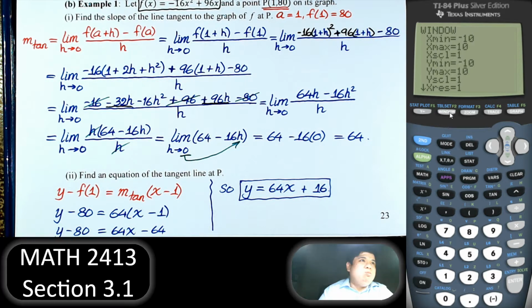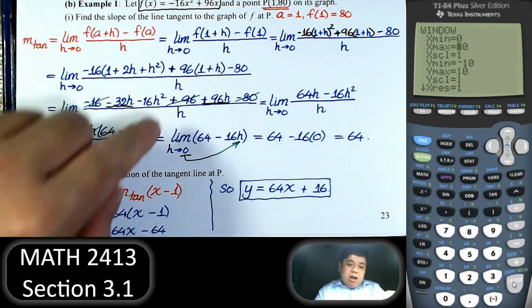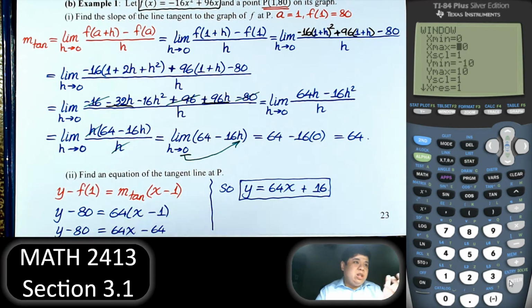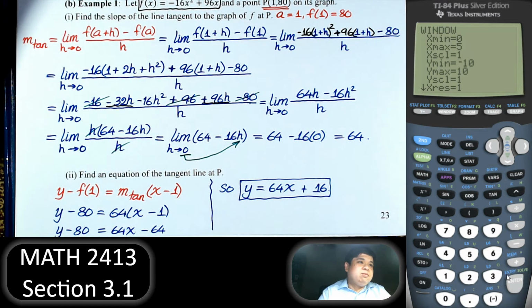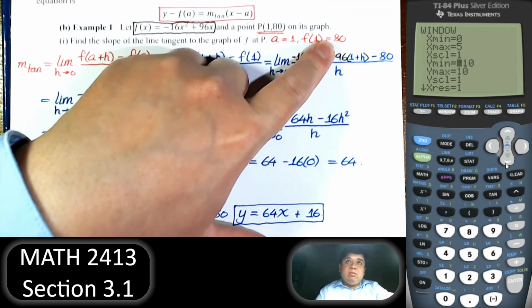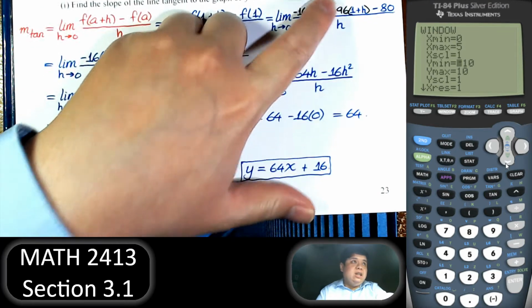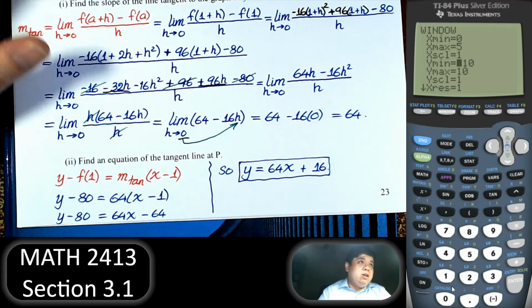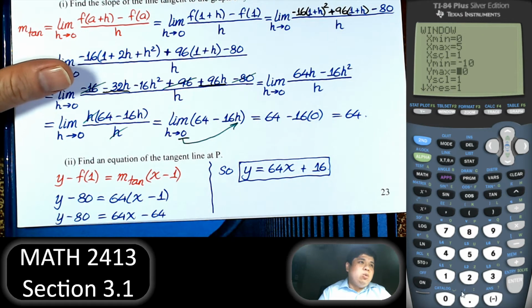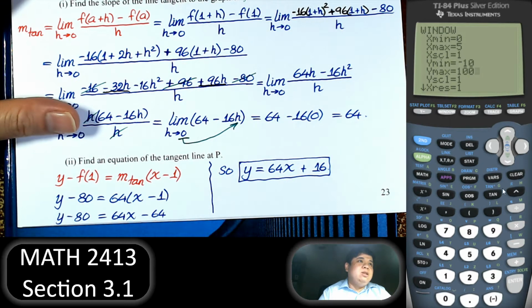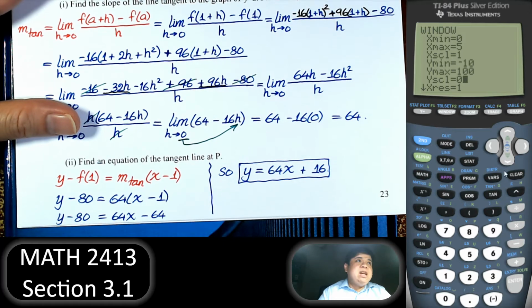So the x values could be just from 0 to 5, because the tangent occurs at x equal to 1. The y values, because the point of tangency is at 80, we will have to choose something big enough. So let's say from negative 10 to 100, for example, and we have 10 for each.